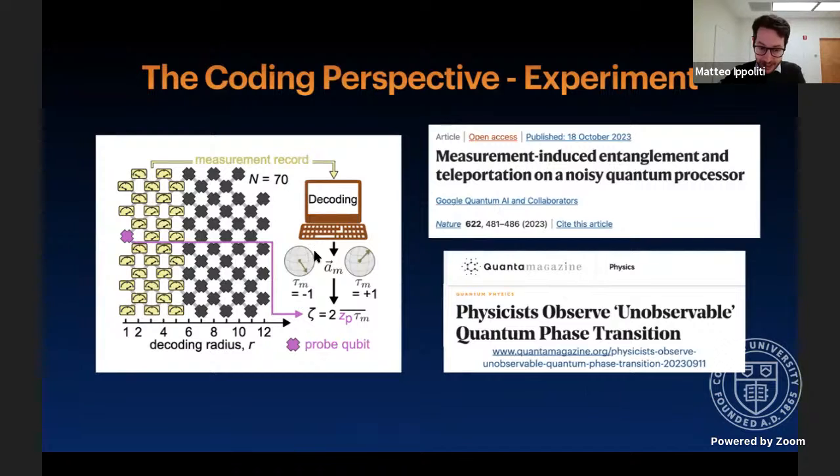Mm-hmm. Yes. So for example, here, I can't really explain the whole setup, but we make a bunch of measurements. We collect those outcomes. And then we do a simulation where we say, okay, knowing those outcomes, can we predict the conditional state, so the post-collapse state of one particular qubit, which we choose as our probe. So it's like, imagine the tip of a microscope that is trying to detect this phase, right?